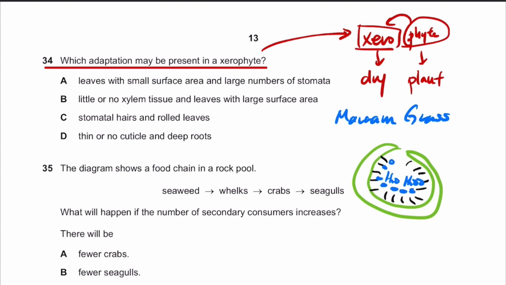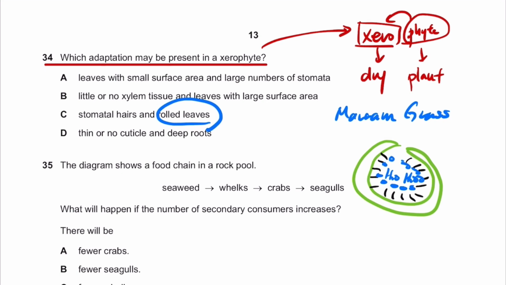So this is how they conserve the water. So yep, the rolled leaves are one of the adaptations as well, and they have hairs. So C is the right answer for this one.